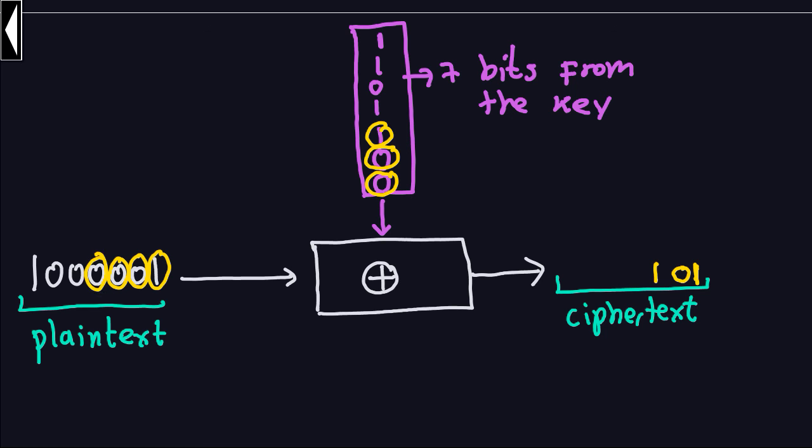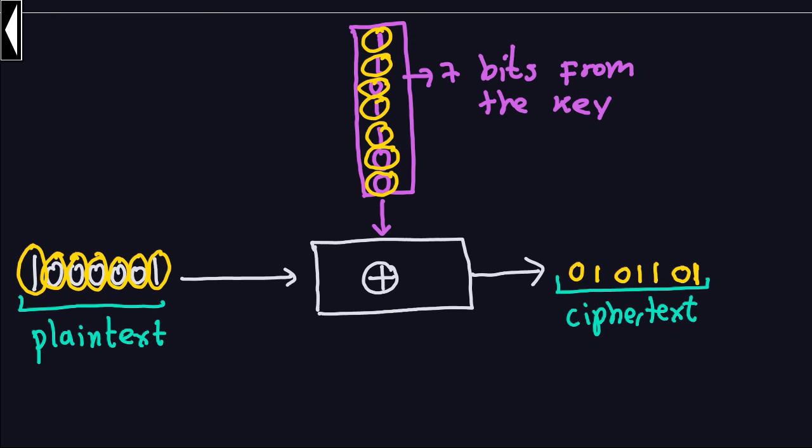The next one will be 1, because this 0 that you have here XOR this 1 is a 1. Let's continue like that. 0 and 0 is going to be 0. Then 0 and 1 is going to be a 1. And finally, you have a 1 and a 1, and you have a 0.